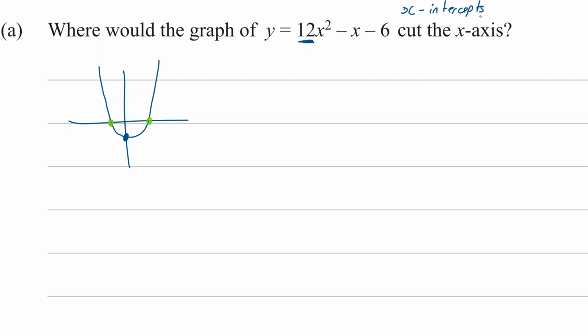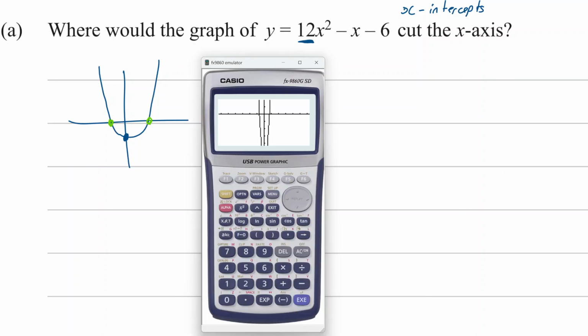So on our calculator, we hit F5, G-Solve. We hit root, so that's F1. And root is the x-intercept.